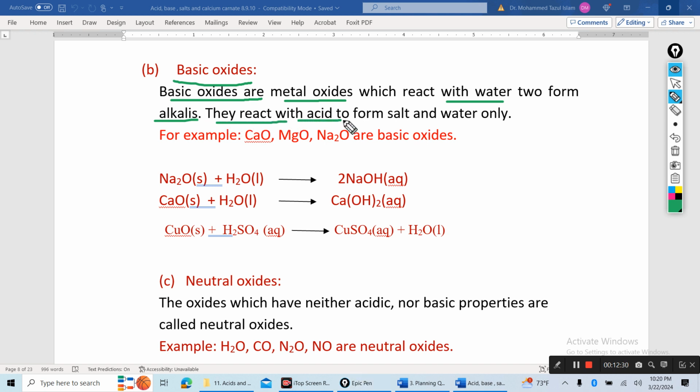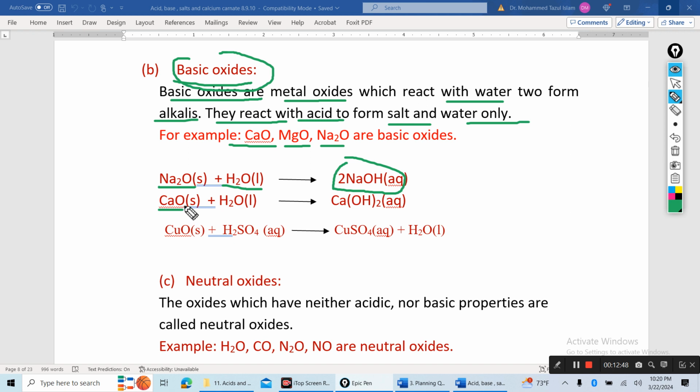They react with acid to form salt and water. Metal oxides: calcium oxide, magnesium oxide, sodium oxide. These are metal oxides, meaning basic oxides. Sodium oxide is a metal oxide, basic oxide. They react with water to produce alkali.